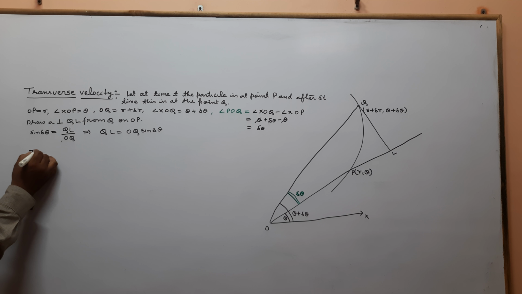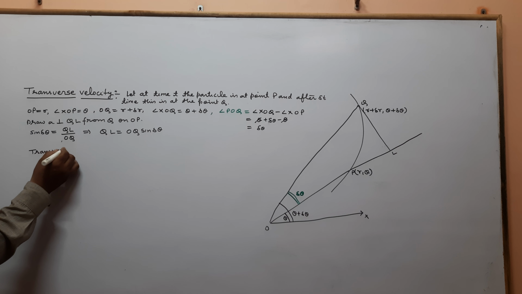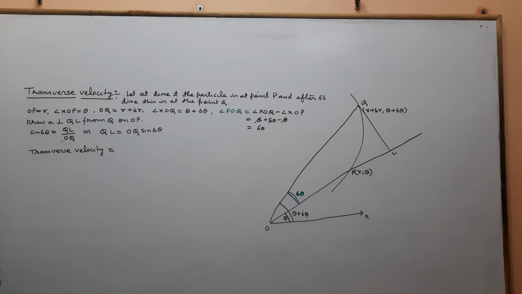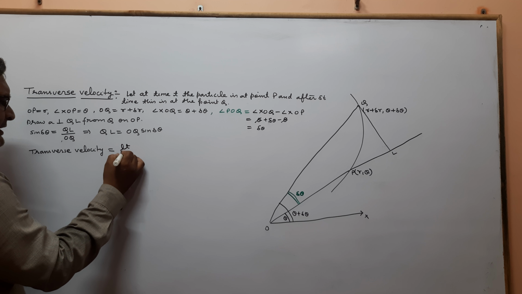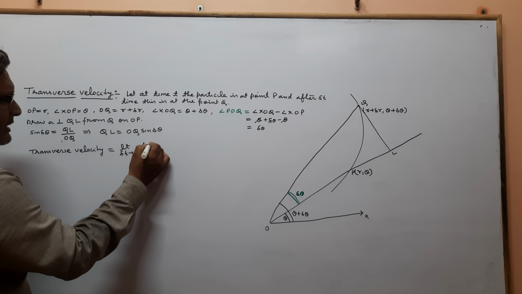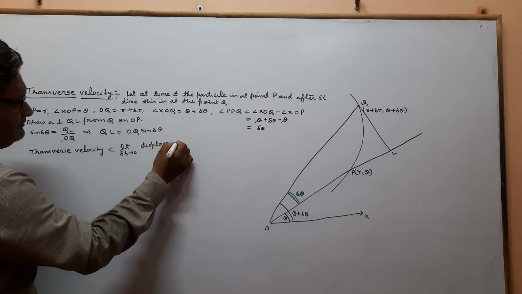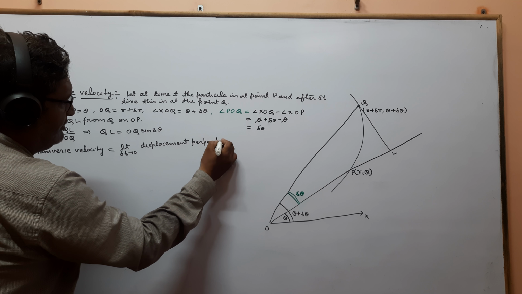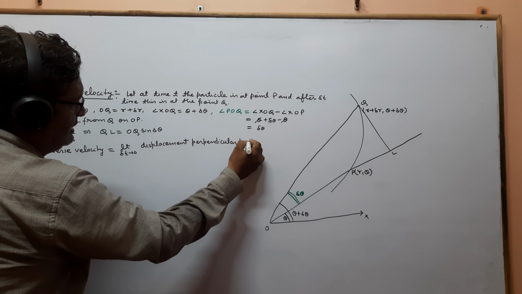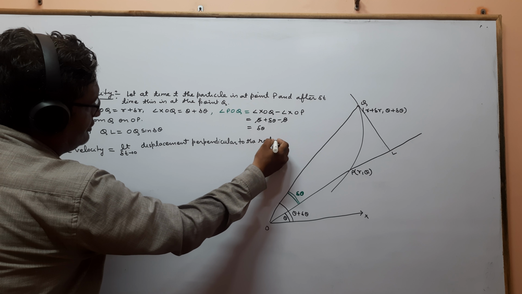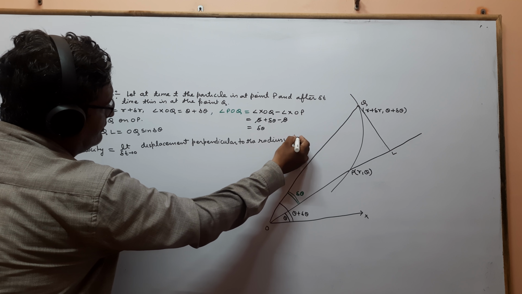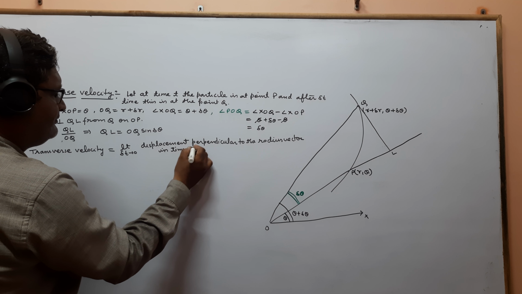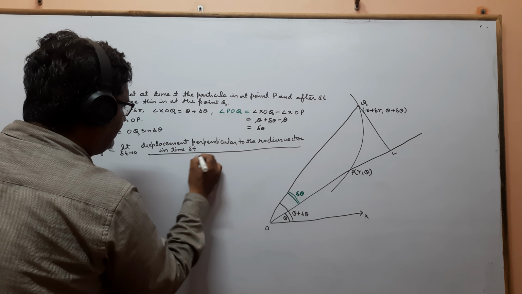Now we know that transverse velocity is equal to limit del t tends to 0 of the displacement perpendicular to the radius vector in time del t, divided by del t.